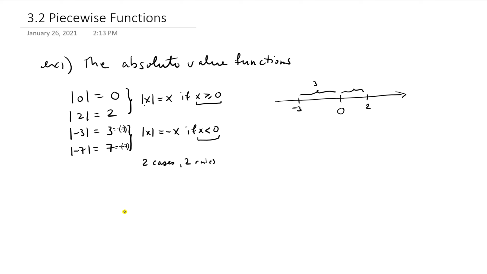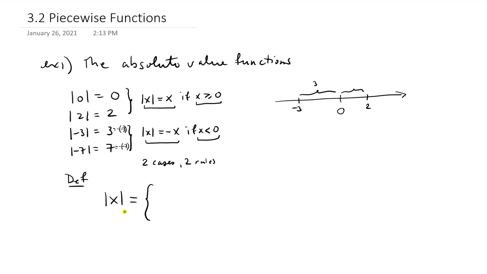So we've got two cases, case 1, case 2, and two rules. In case 1, this is the rule. In case 2, this is the rule. So when you have multiple rules and multiple cases for a function, this is what we call a piecewise function, because we're going to write it like this. This is actually a way of defining the absolute value.